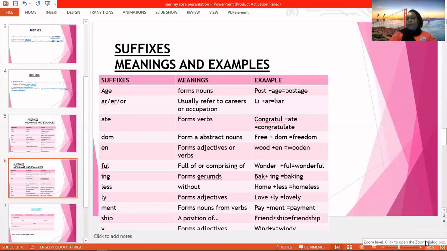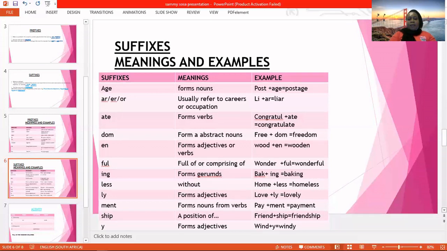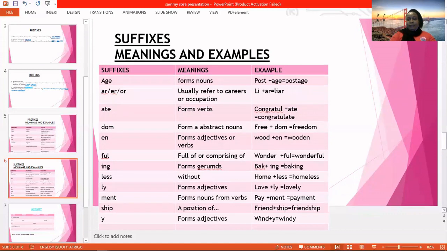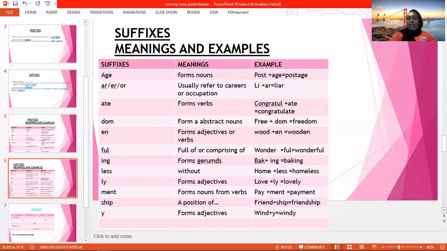Friend and ship will be friendship. Y forms adjectives. Wind and y, windy. Rain and y, rainy. You may think of more examples still. Right, those will be our suffixes for this lesson.